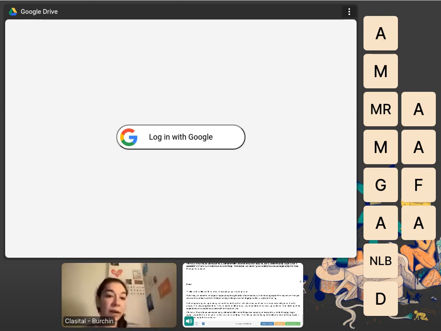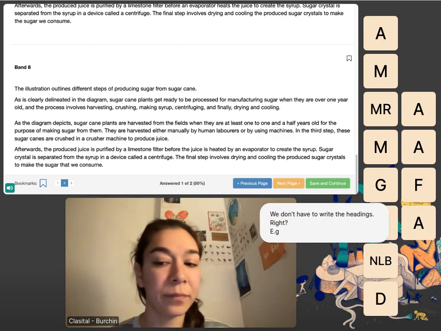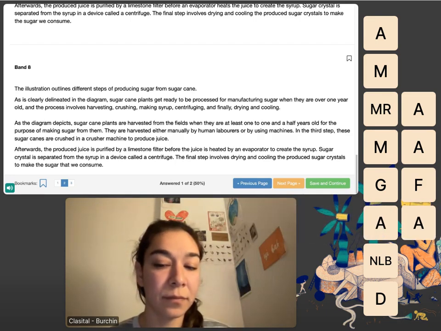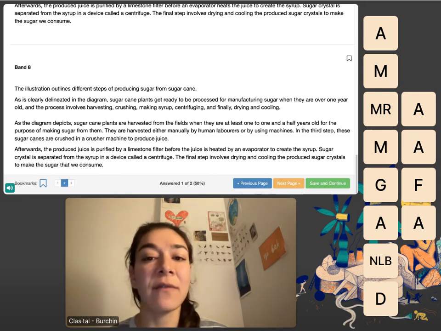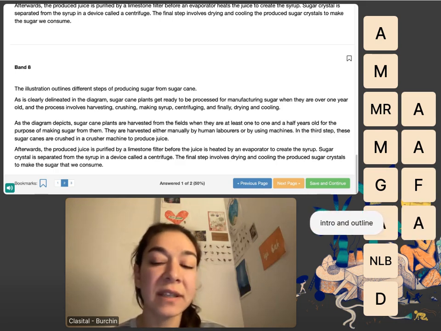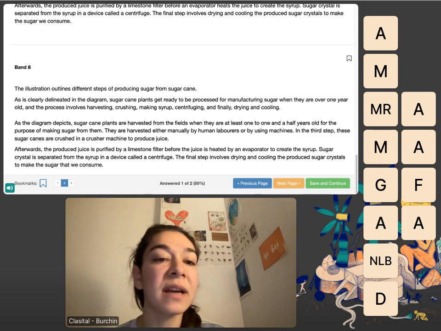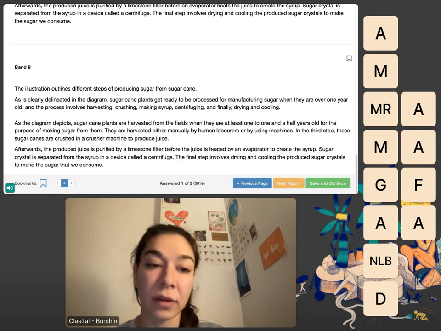It says: The illustration outlines different steps of producing sugar from sugarcane, as clearly delineated in the diagram. Sugarcane plants get ready to be processed for manufacturing sugar when they are over 1 year old, and the process involves harvesting, crushing, making syrup, centrifuging, and finally drying and cooling.